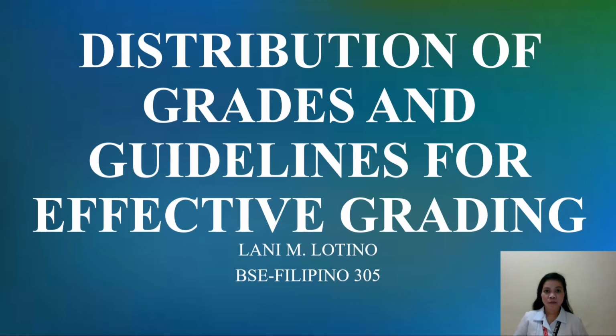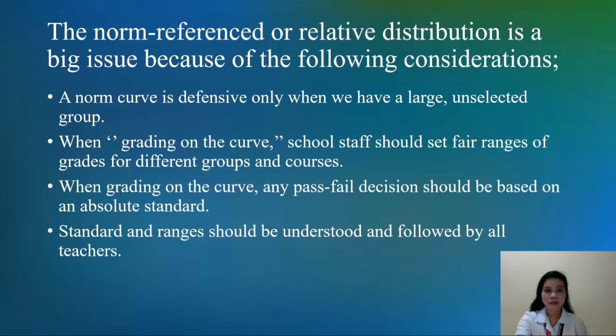How should grades be distributed? The norm reference and criterion reference distribution of grades have been in practice for several years now. The norm reference, or relative distribution, is a big issue because of the following considerations.